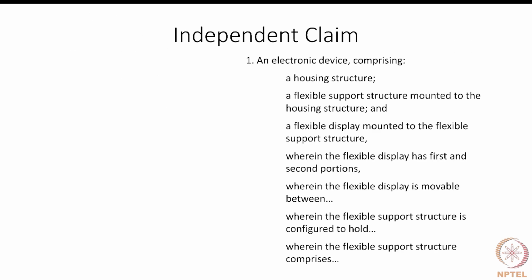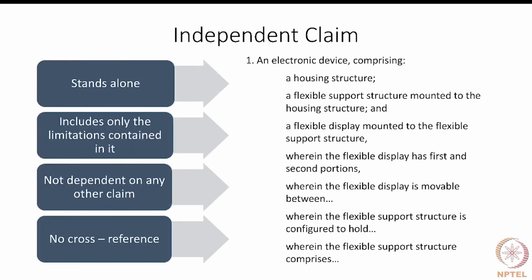Now let's analyze the independent claim. We had already seen this independent claim. Let's see what are the features of an independent claim. One, it stands alone. There is no cross-reference to any other part of the claim. It includes only the limitations contained in it, which means the limitations are with regard to housing structure, a flexible support structure where the flexible display has 2 portions.